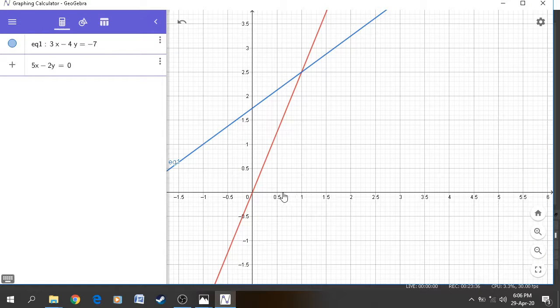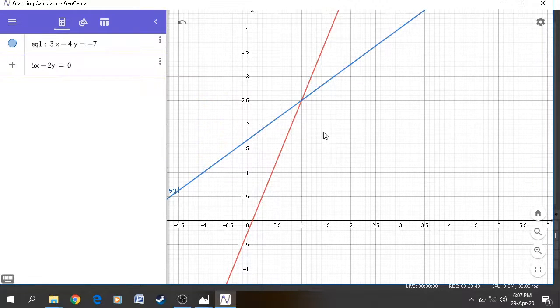1, 2, 3, 4, 5, 6, 7, 8, 9, 10, right? So from 0 to 1 we have 10 lines. Similarly, where is our intersecting point? This is our intersecting point. We can see it is 2.5. We can line it up on 1 from the x-axis and 2.5 from the y-axis.